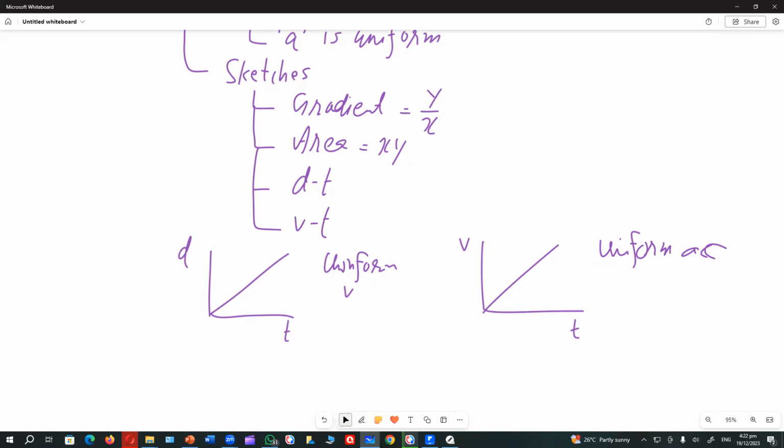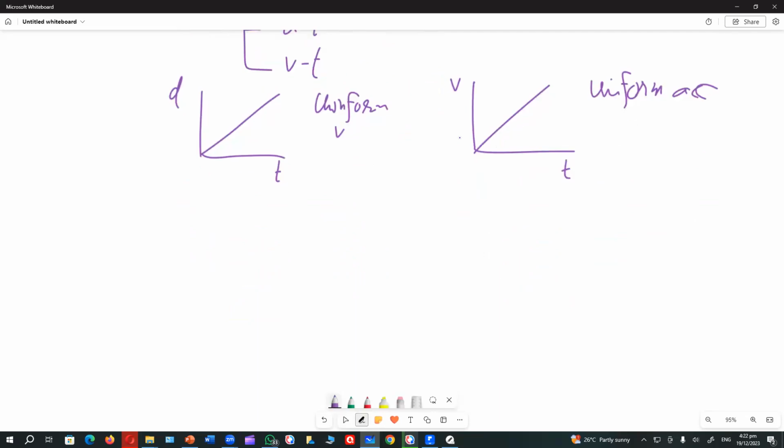If you do sketches this way, you will not have to memorize. I put another example. I draw this line and I make a curve.